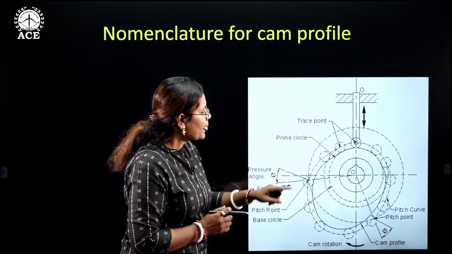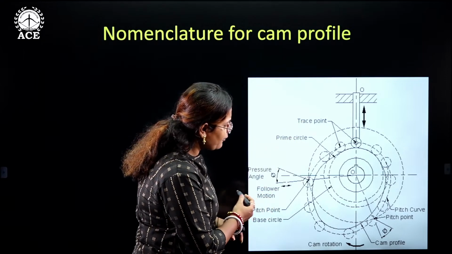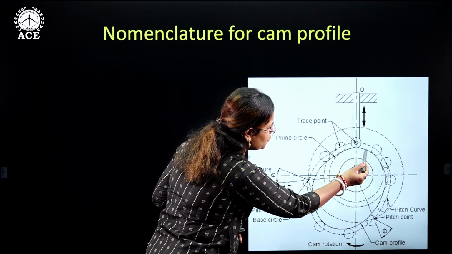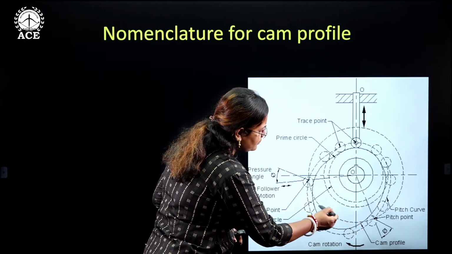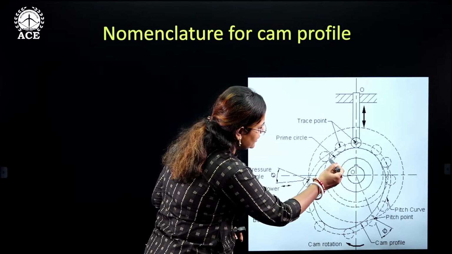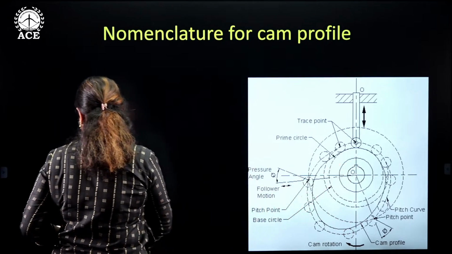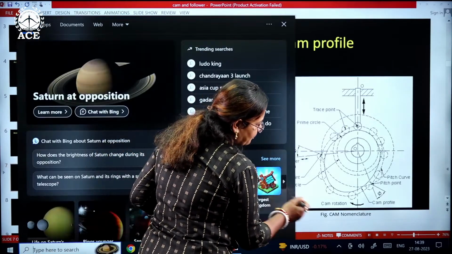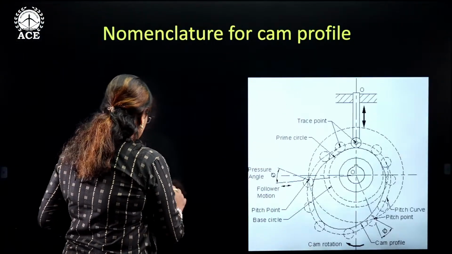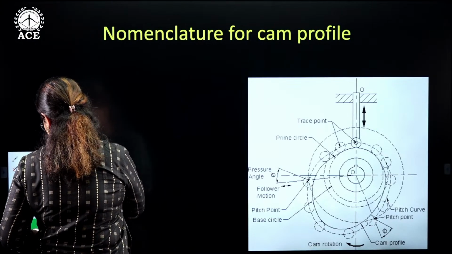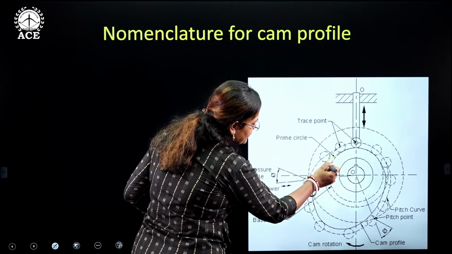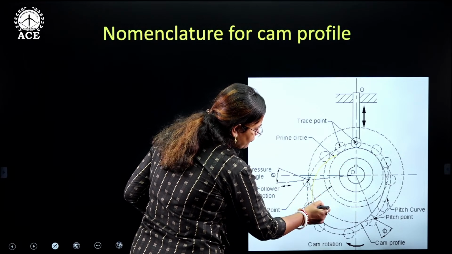So let us say this is how the cam profile is. You can see that the continuous line over here is the cam profile. This particular dark line is called the cam profile.